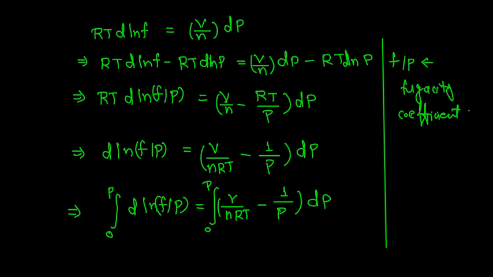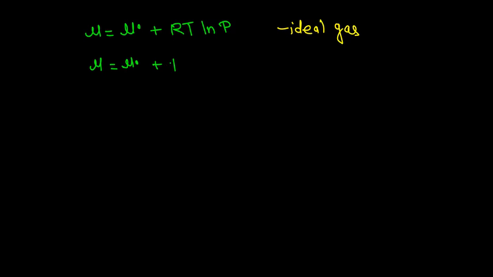Okay, and now we have mu equals mu naught plus RT ln P, and this is for an ideal gas. And now we define mu equals mu naught plus RT ln f, and this is for a non-ideal gas.